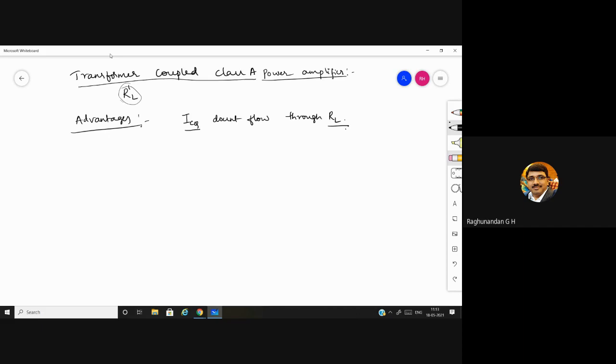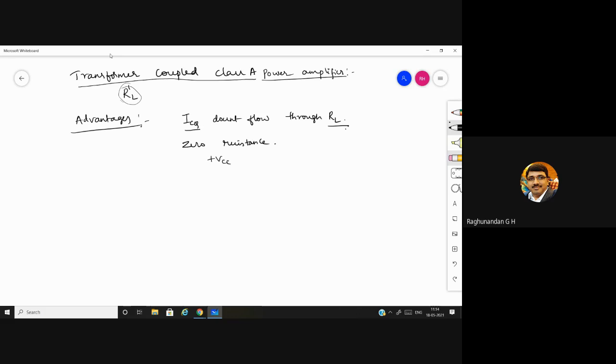And for DC current, the primary winding is offering zero resistance. When it is offering zero resistance, a constant IC can flow directly to the transistor, because obviously you are using plus VCC.